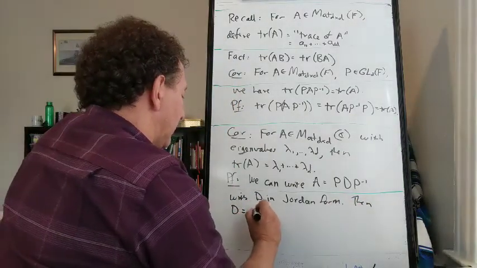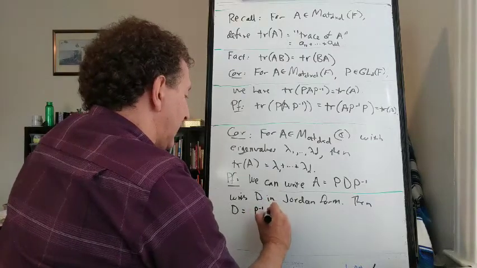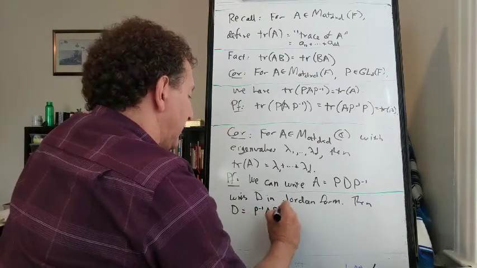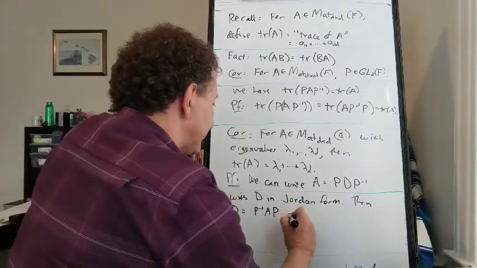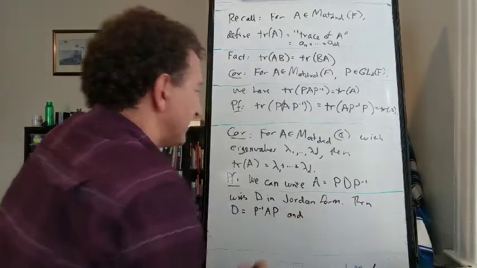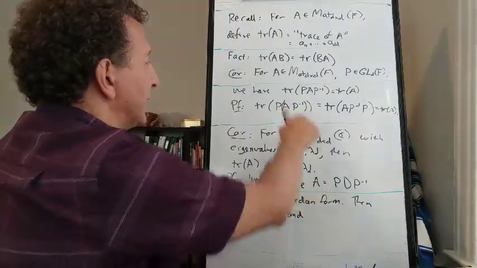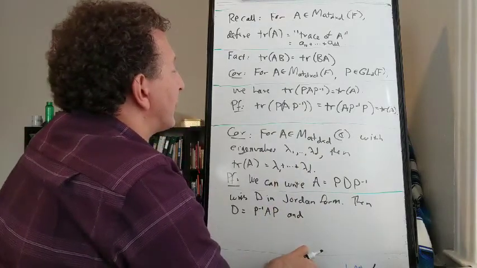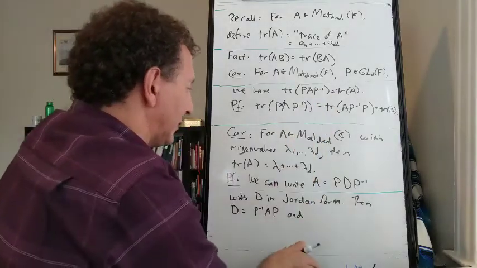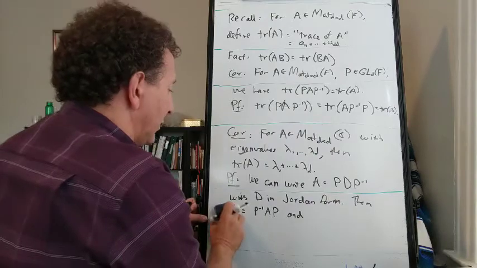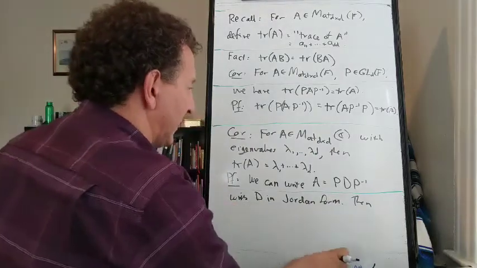Then D equals P inverse A P. Well, I guess we don't need this because we know that the trace of A is equal to the trace of anything conjugate to it. So we know the trace of A and D are the same.